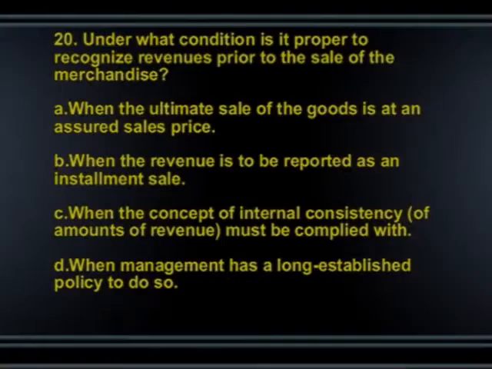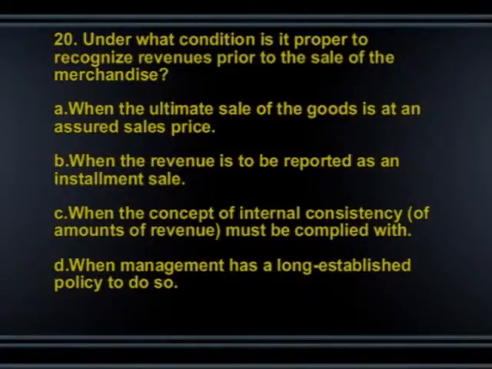Talked about this in chapter 10. Under what condition is it proper to recognize revenues prior to the sale of the merchandise? When the ultimate sale of the goods is at an assured sales price. That's probably as good as you're going to get.